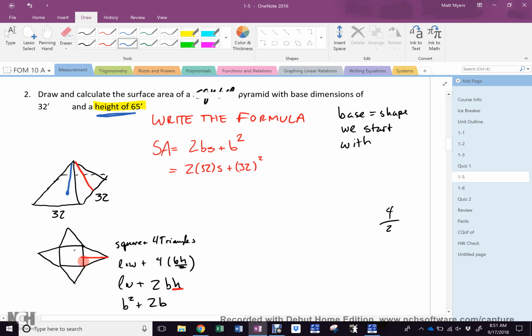But the H on the unfolded pyramid is not the H of the pyramid, which is why just learning formulas is totally useless to you, right? That's why we have to look at what makes these shapes. Everybody good? Go. How am I going to find that red line right there? I'll wait 15 seconds. See if anybody has an idea.